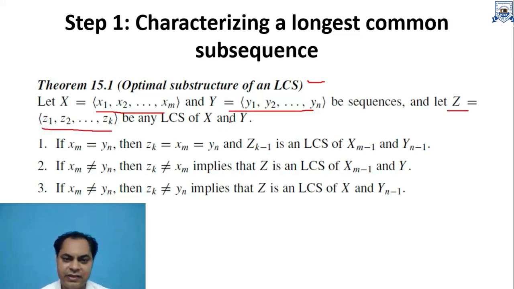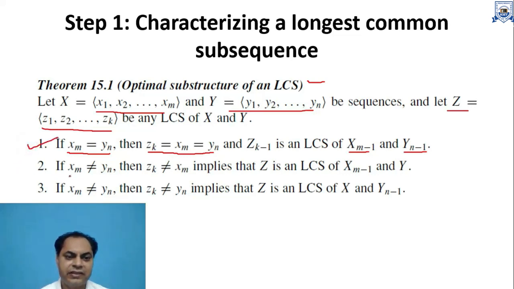So three possibilities are there. If xm is equal to yn, that means the last characters of both given sequences are equal, then that symbol would definitely be part of the longest common subsequence. That means zk would be xm equal to yn, and zk minus 1 is an LCS of xm minus 1 and yn minus 1. Okay, this is the first case.